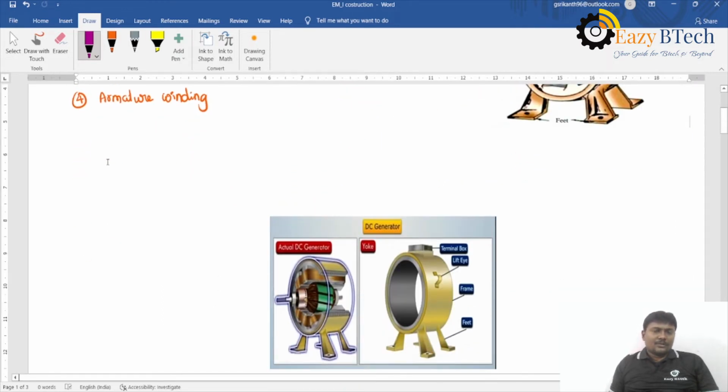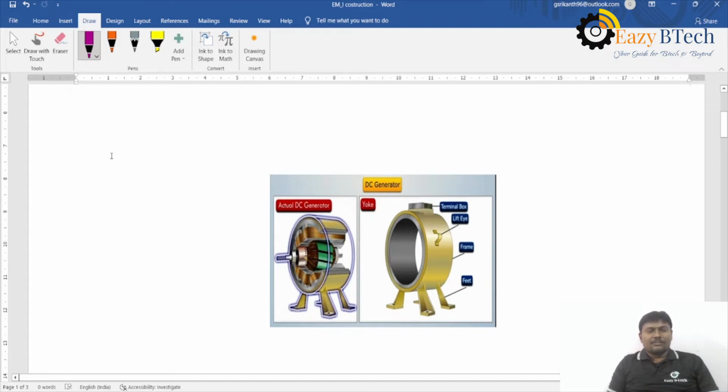What is the purpose of yoke, and what is the purpose of pole core and pole shoe? We'll discuss one by one.